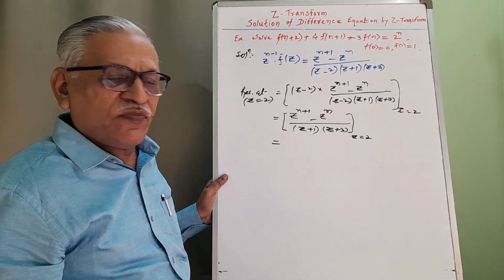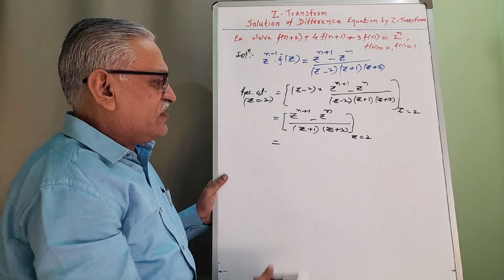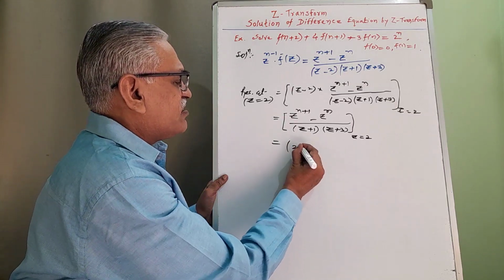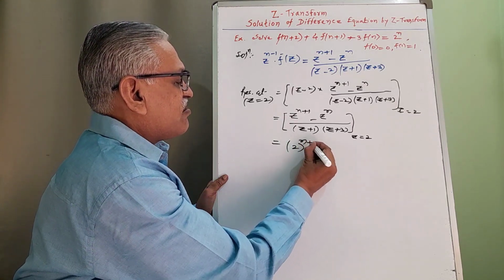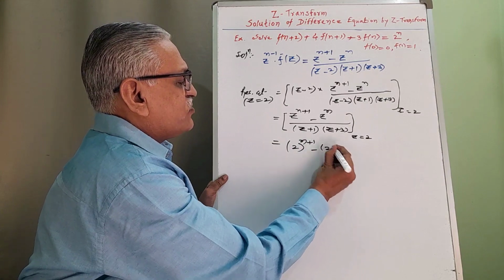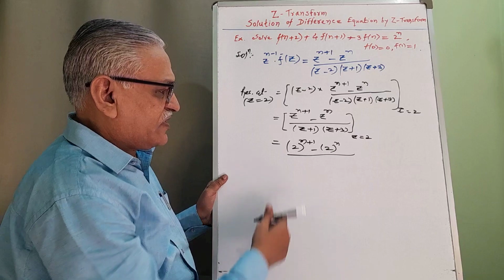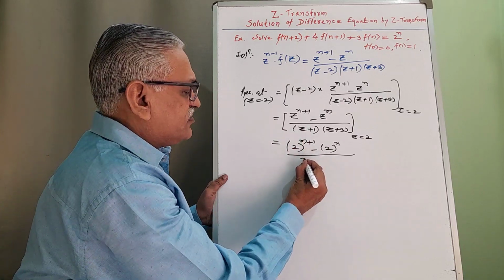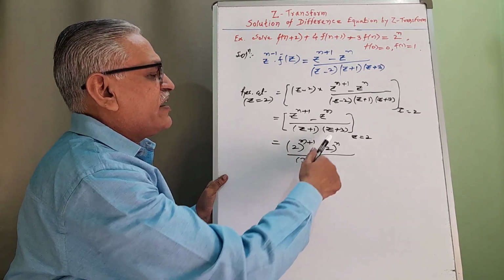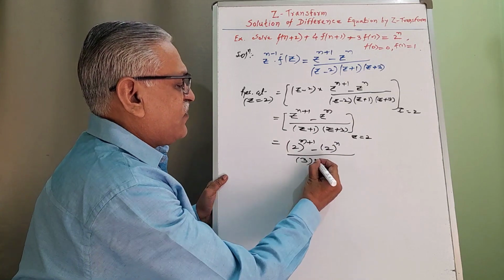Substituting the value, we get 2 raised to n plus 1 minus 2 raised to n, whole divided by 2 plus 1, we get 3, and 2 plus 3, we get 5.